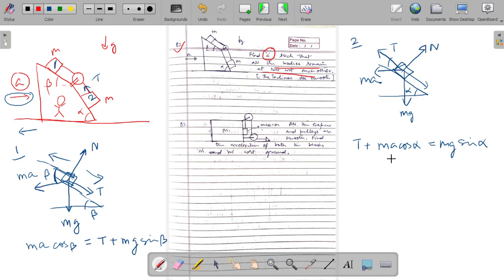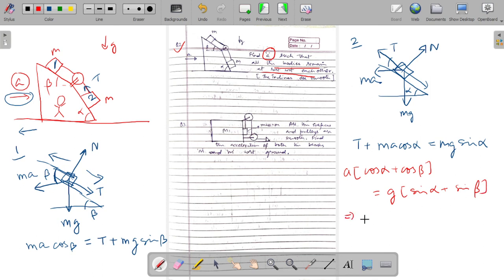So adding these two equations, we'd get a(cos alpha + cos beta) is equal to g(sin alpha + sin beta).